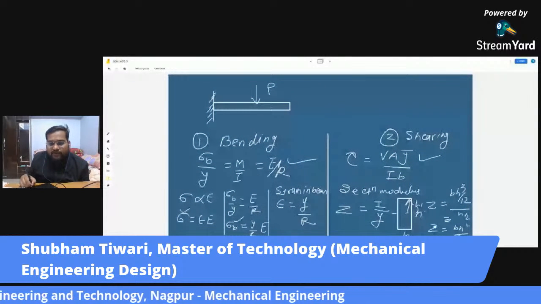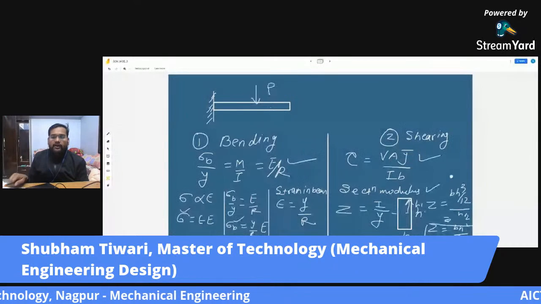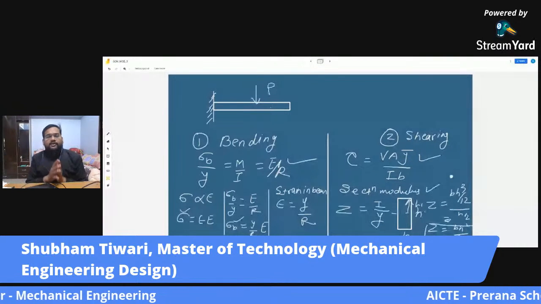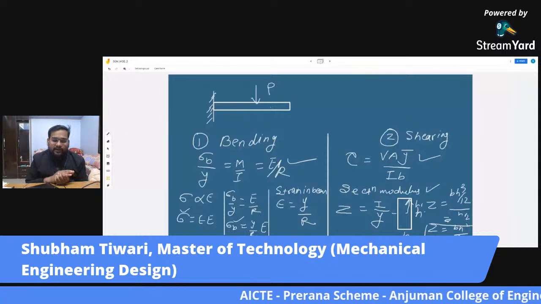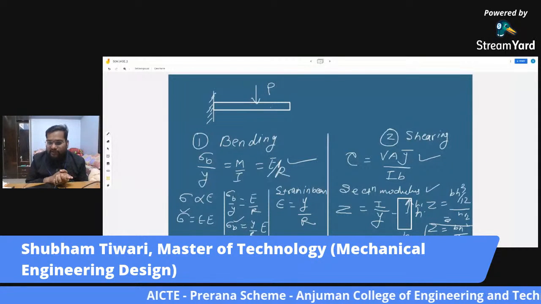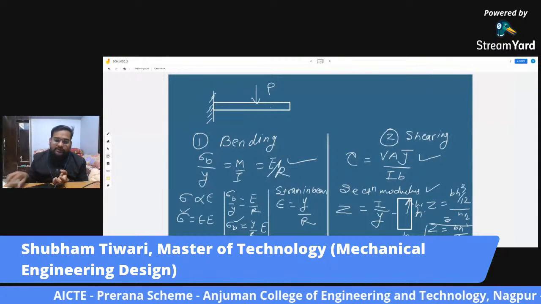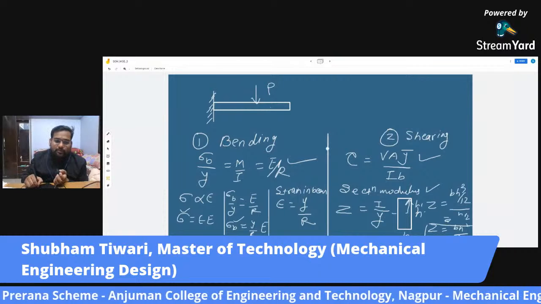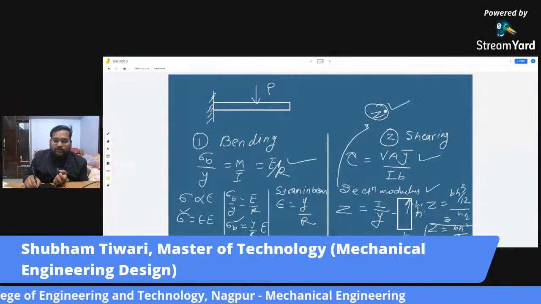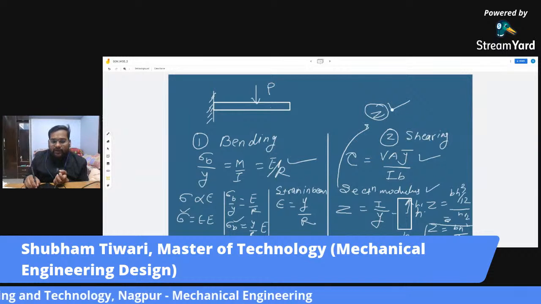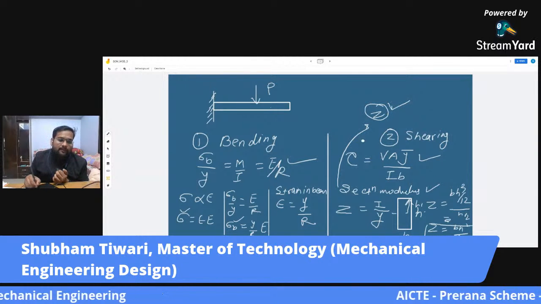Now this section modulus is very important in finding the strength of the beam. बीम में कितनी ताकत है ये उसके क्रॉस सेक्शन से डिफाइन होगा, और उस क्रॉस सेक्शन की एक प्रॉपर्टी जो है, उस क्रॉस सेक्शन के लिए एक पैरामीटर है सेक्शन मॉड्यूलस Z. So you have to make sure that if you make any changes within the beam, you have to consider this section modulus.